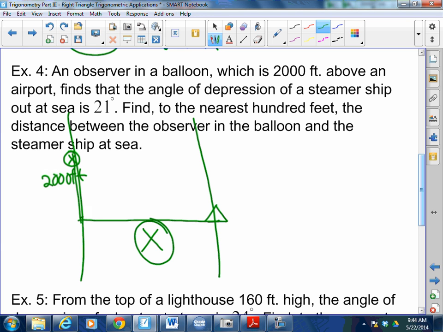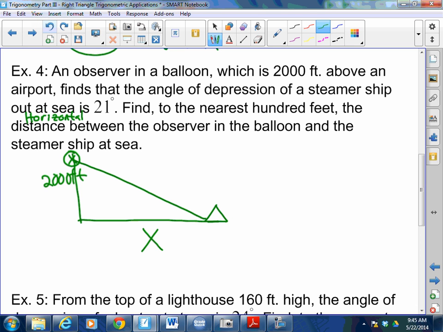I should have specified. I'll take that into consideration. I should have specified what is the horizontal distance. Is that better? I can see what you're saying, because it could be the distance along this hypotenuse, or it could be the x distance. So if I say horizontal distance, it's horizontal. Thank you so much. Does that help?